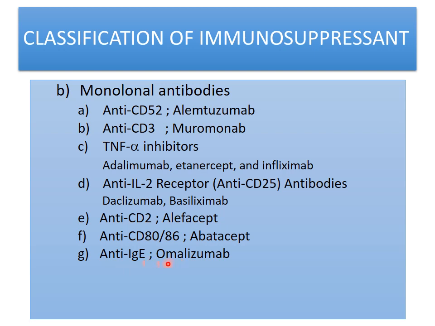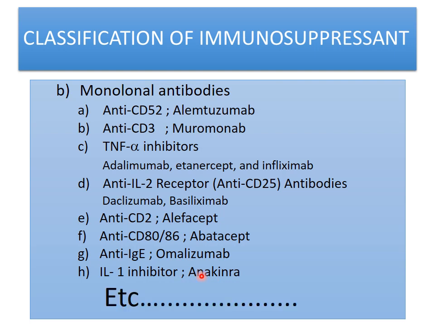Anti-IgE antibody, the drug is omalizumab. We have discussed it in the chapter on bronchial asthma. Interleukin 1 inhibitor, the drug is anakinra, etc. The number is increasing day by day. So this is all about the classification of the immunosuppression drugs.